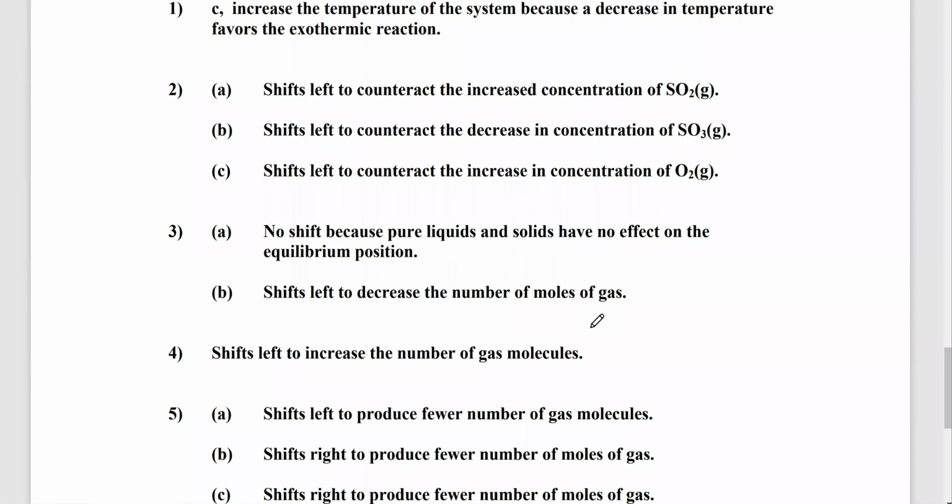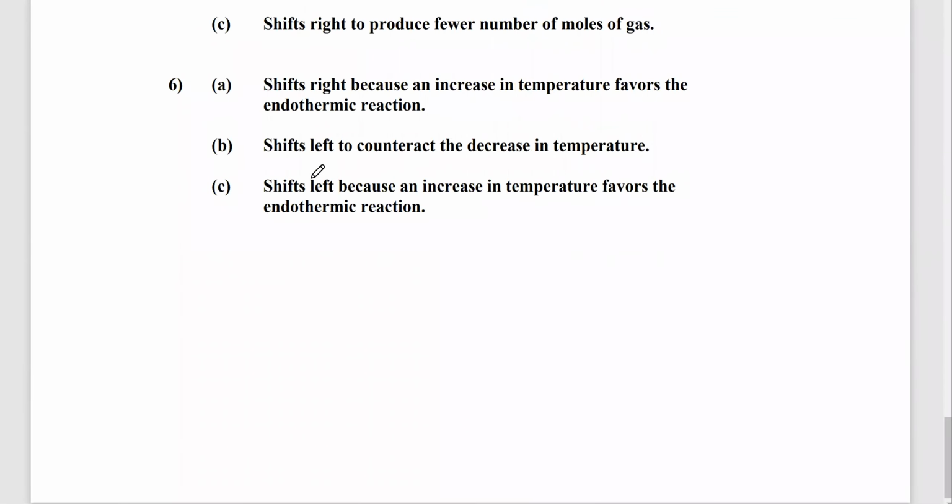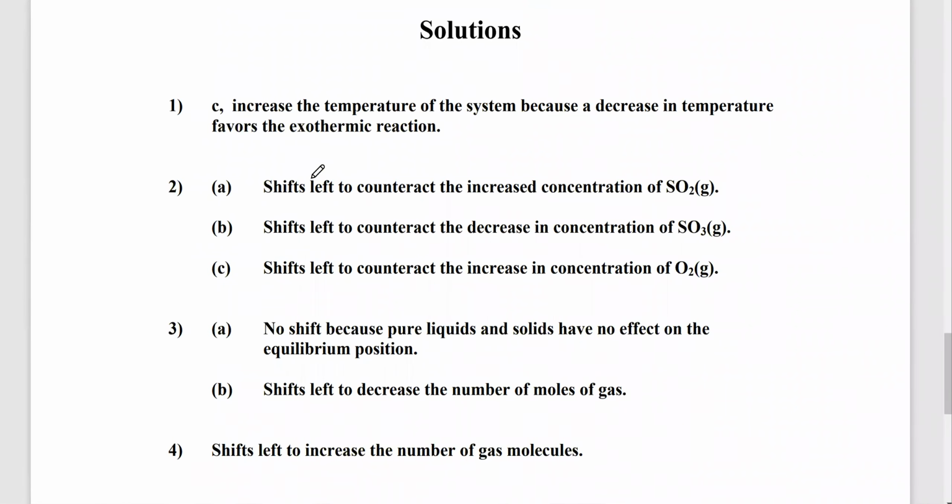And the next one is, these are solutions. Are we done with the worksheet? I think we're done with the worksheet. Okay, so next time we'll do past papers now. But I'm going to send you some questions right now.